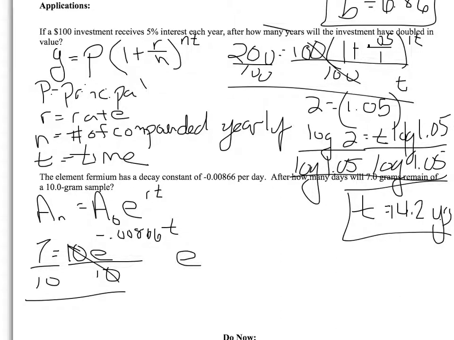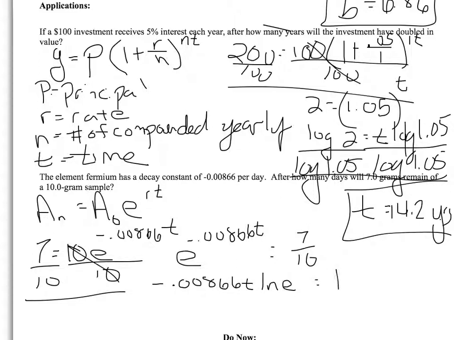To solve here, we're first going to divide by 10. So we'll have e to the negative 0.00866 t equals 7/10. Now, instead of taking the logarithm of both sides, we're going to take the natural logarithm of both sides. So it's going to be negative 0.00866 t ln e equals ln of 7/10.